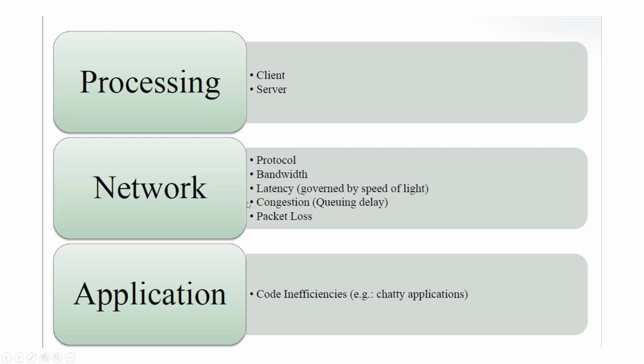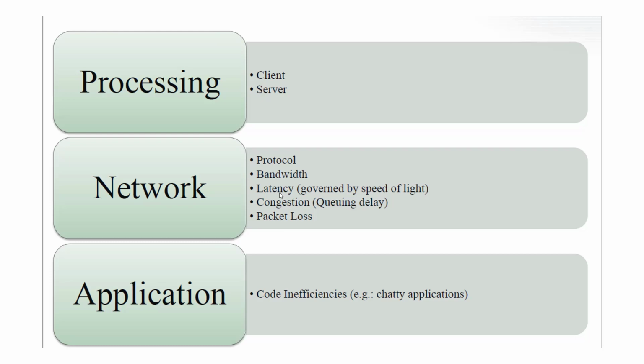About the network delays, we have various categories. Protocol, which is usually related to TCP behavior. Bandwidth, which means the time needed to send the data on the wire. Latency, in that case, it means the propagation delay.